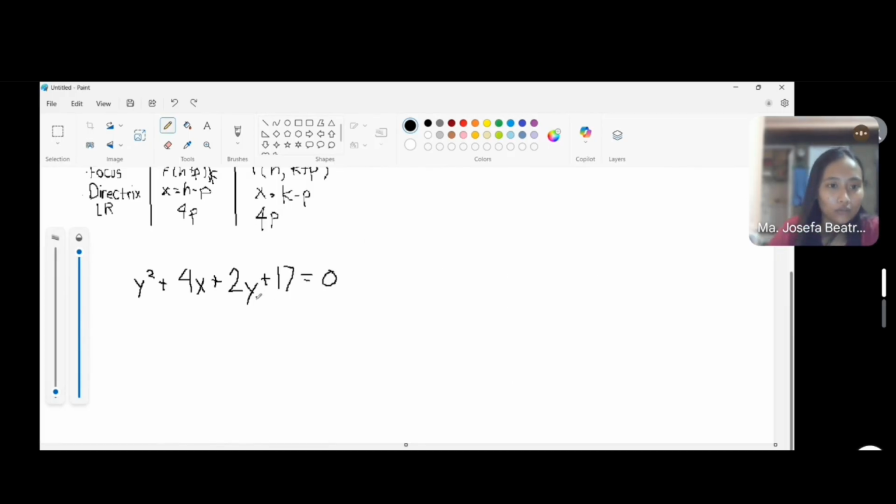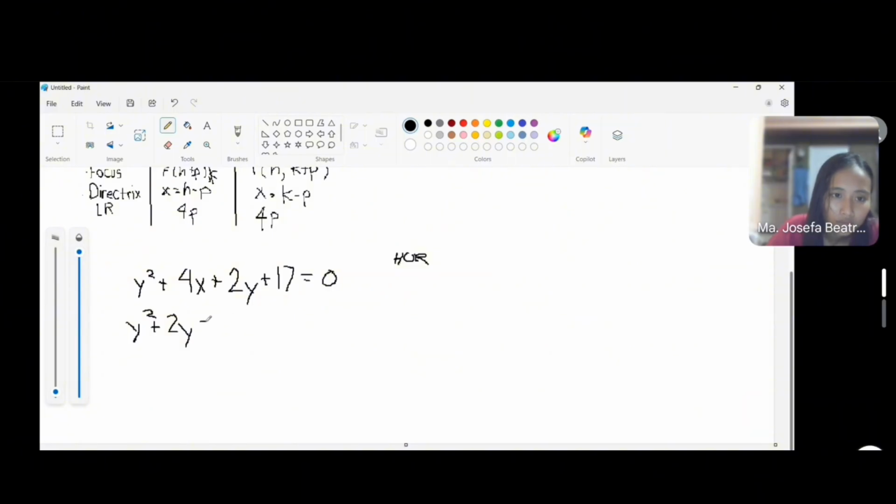Okay, now let's try to solve this equation. As you can see, this equation is a horizontal parabola based on its square term. So now we'll transform this into our standard equation, so we'll be able to get its properties. And the first step is we will group like terms.